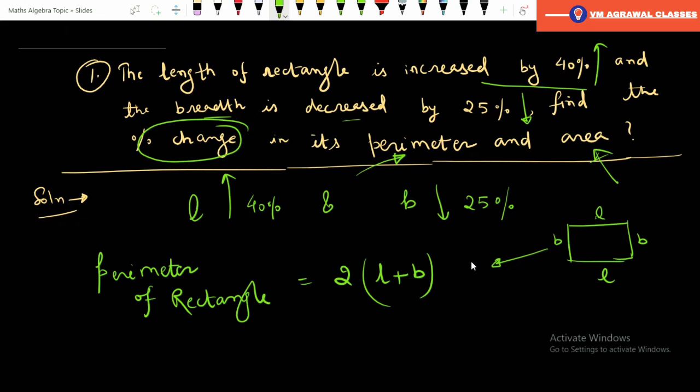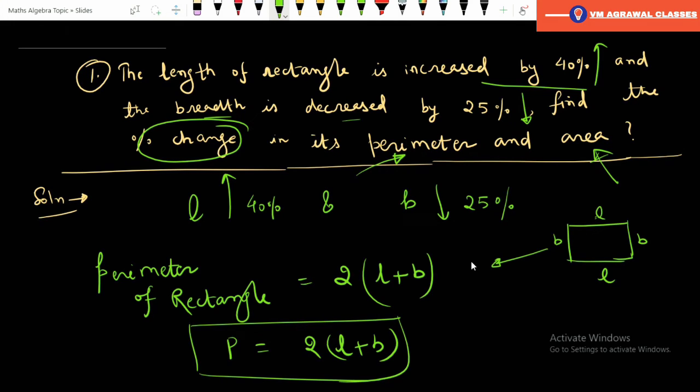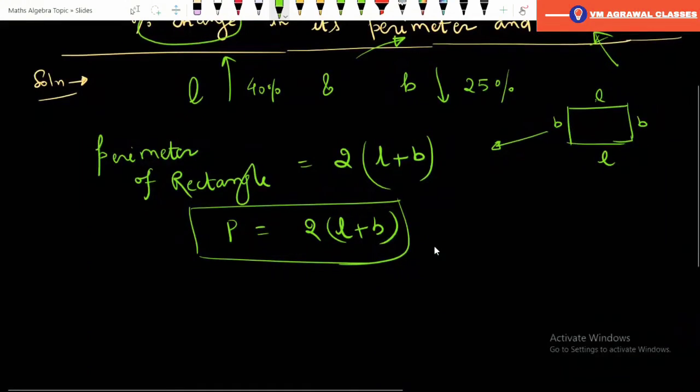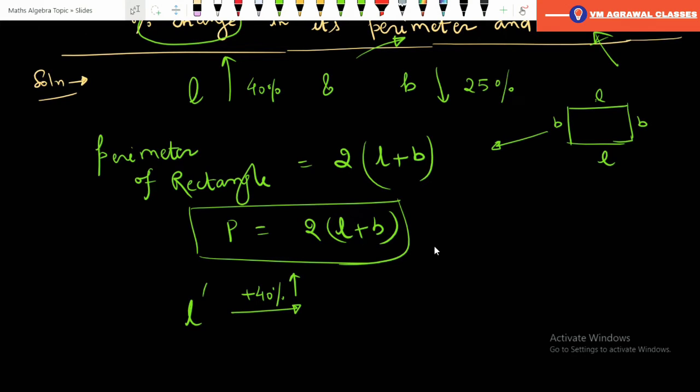Suppose P equals 2 into (L plus B). This was the initial perimeter. Now L is increased by 40 percentage, so L dash, that is the new L, is increased by 40 percentage. We have studied this: if 100 rupees is increased by 40 percentage, it becomes 140.